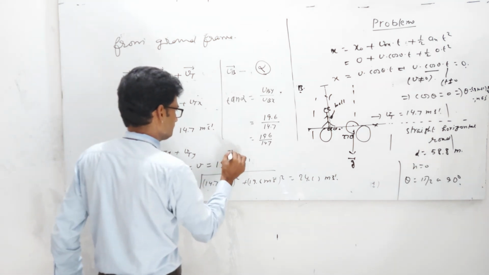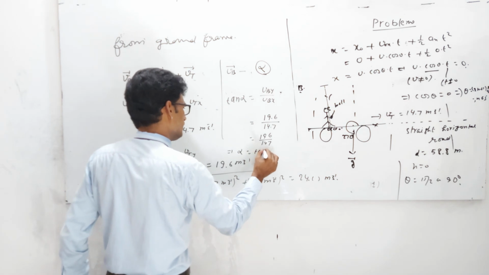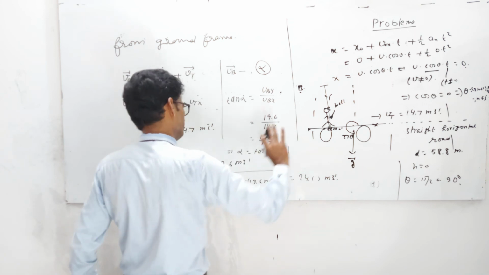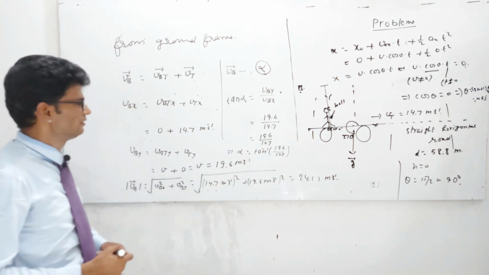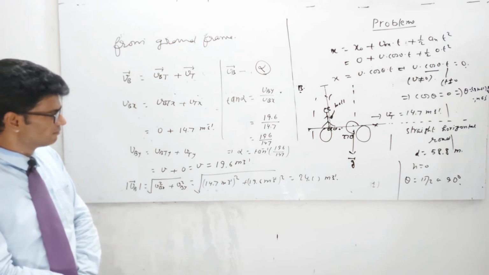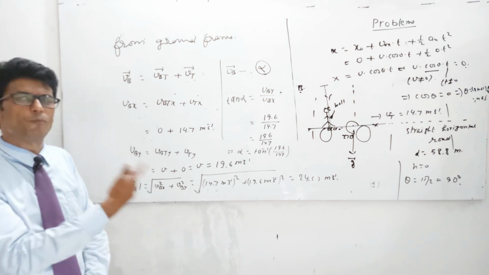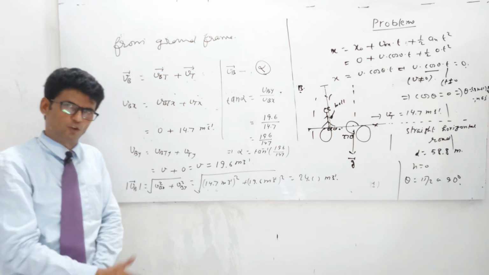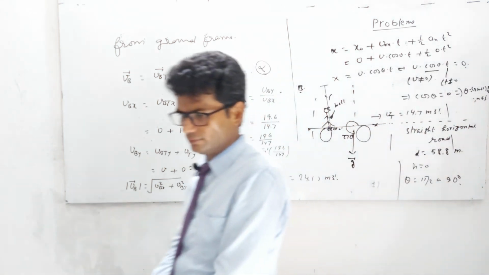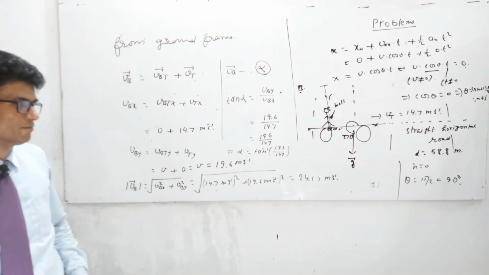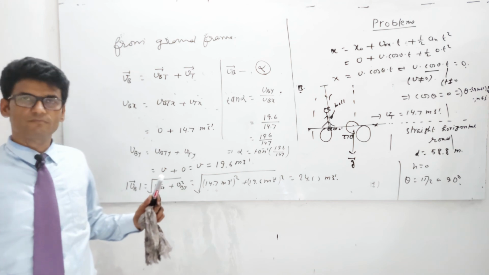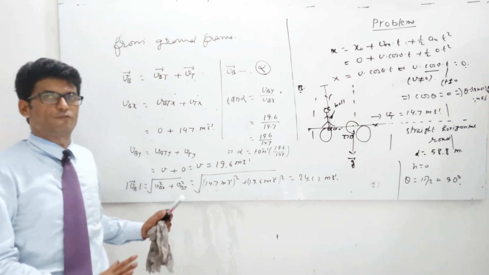So alpha is equal to tan inverse of 196 over 147. This approximately comes out to be, I think, 53 degrees or so. You may find it quite comfortably, no problem at all. If we leave this answer in this fashion, then okay. So in this way we solved the problem, either from the truck frame or from the ground frame. That's okay.